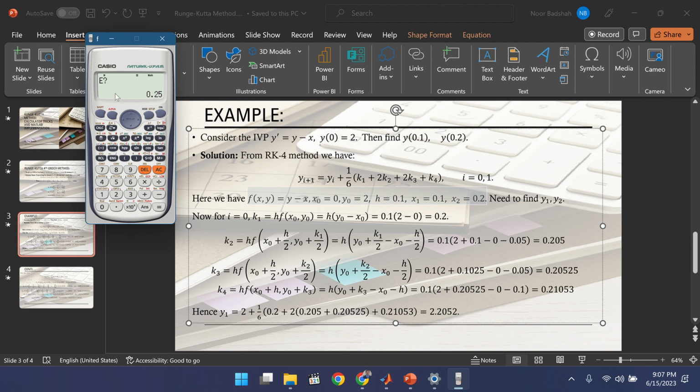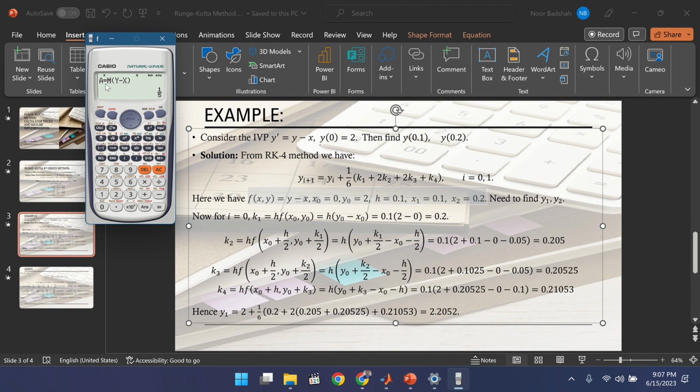When you take x to be 0.1, then you will take this e to be 0.15. So I'll be taking this one as 0.05. This will be my e, which basically means 0 plus 0.05, and the next step will have 0.15, and so on, because we replace the value of x, so we'll be doing that. And then we press equal.